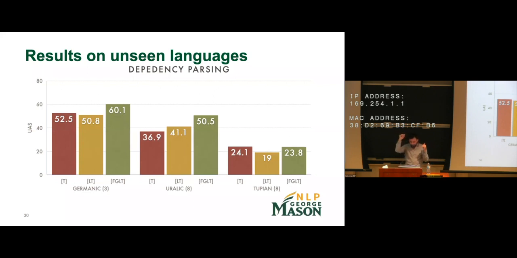Okay, so for the 3 unseen Germanic languages, we went from 52 or 50-ish to 60-ish. For the Uralic languages, we have a big jump. For Tupian, for some languages it gets better, for some languages it gets worse. It's super hard. I think we have maybe 10,000 sentences in each of those languages, and the predefined vocabulary, I think, of multilingual models is an issue in this case.